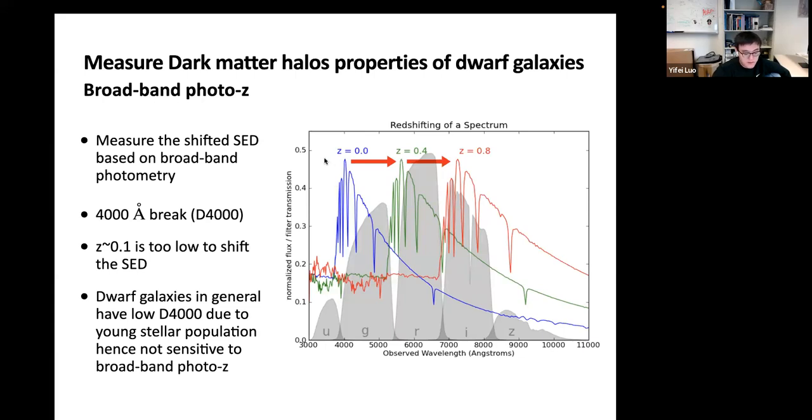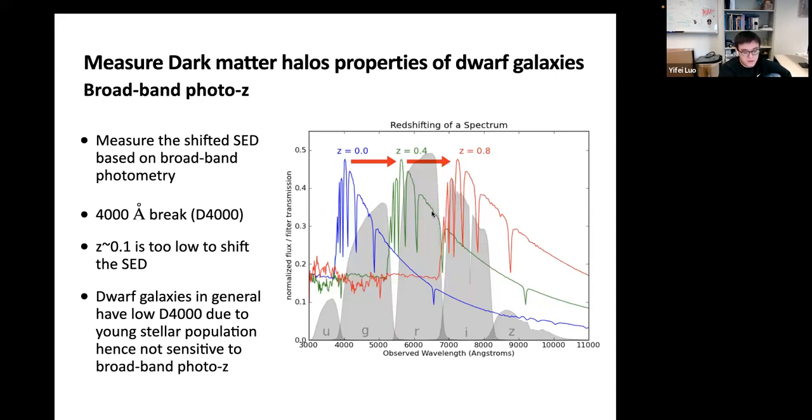For example, one strong feature is the 4,000 angstrom break. For massive galaxies or quiescent galaxies, you see this very strong feature. And when the feature moves in and out of a filter, for example the g-band or r-band broadband filter, you will see differences in their SEDs. So basically, you can do some kind of SED fitting or photo-z code to derive their redshifts.